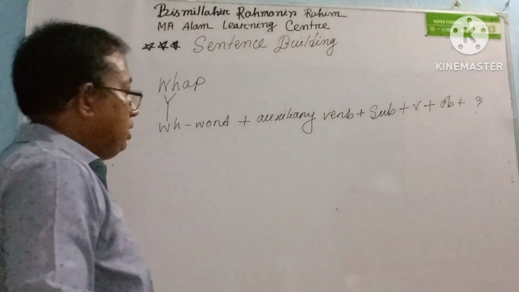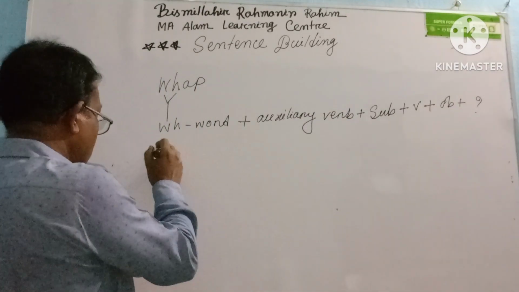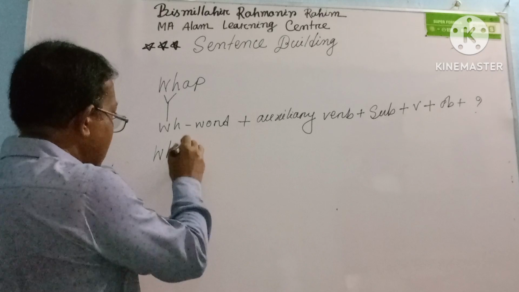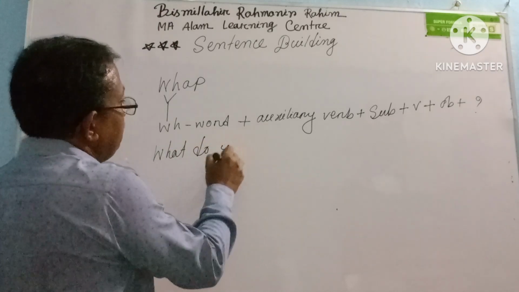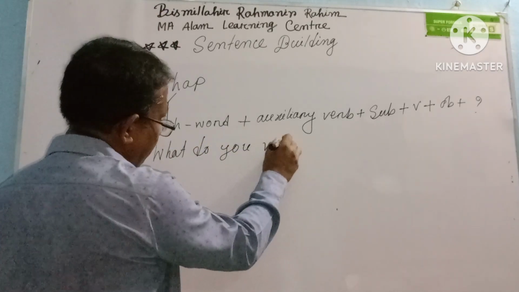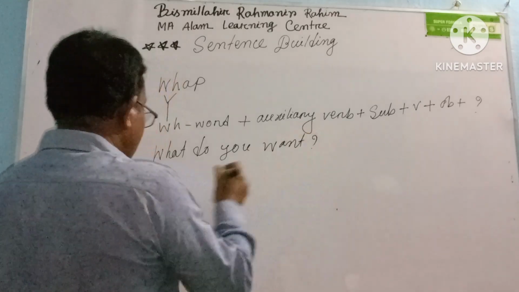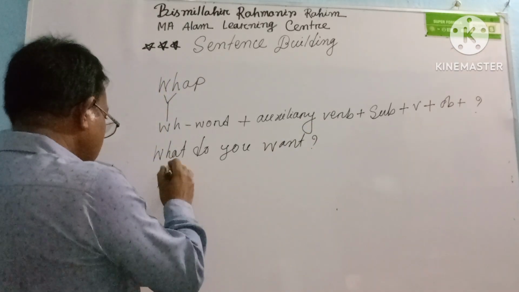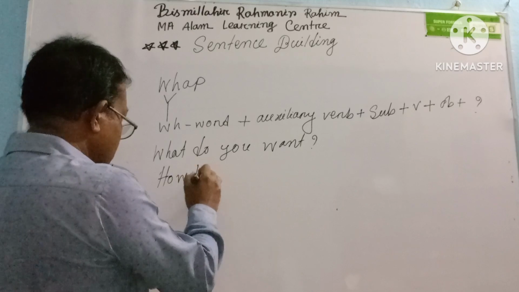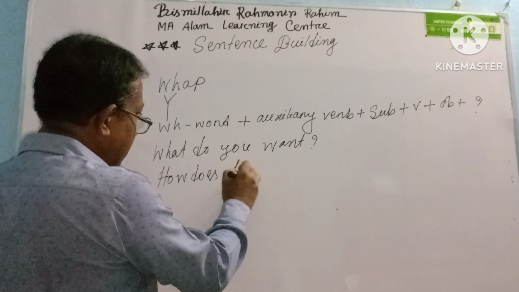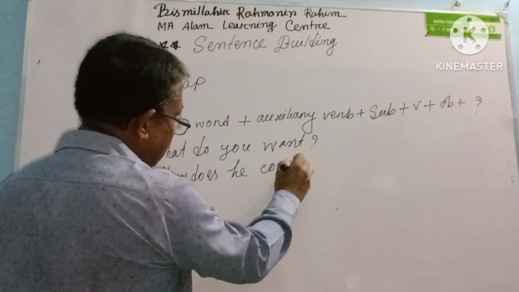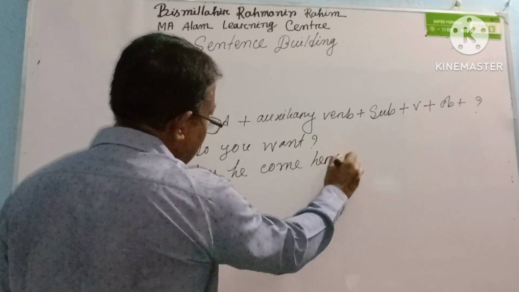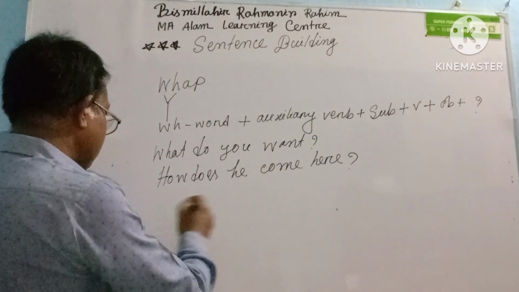Example: What do you want? How does he come here? How does he come here?